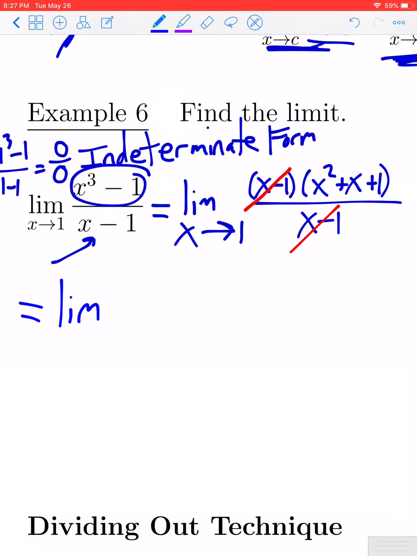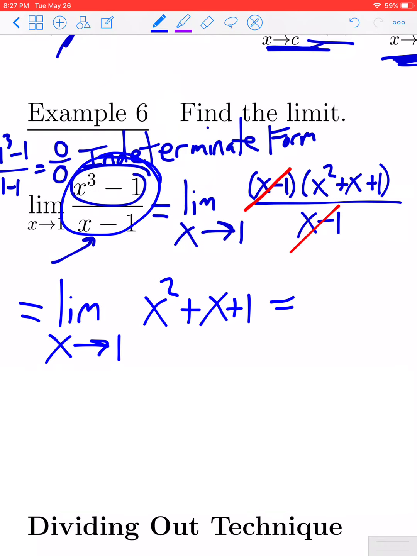So we get this simplification. This is the limit as x approaches 1 of x squared plus x plus 1. And here's the beauty of that. This original expression we were not able to plug 1 into because 1 was not defined for that starting rational function.